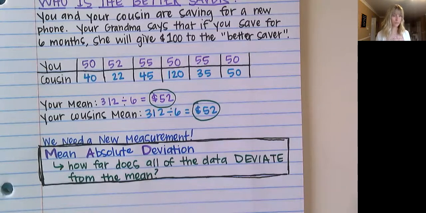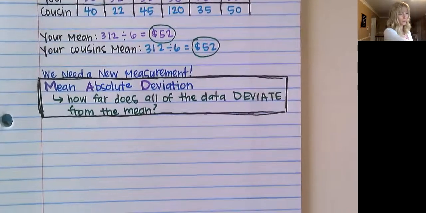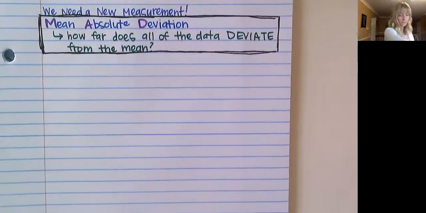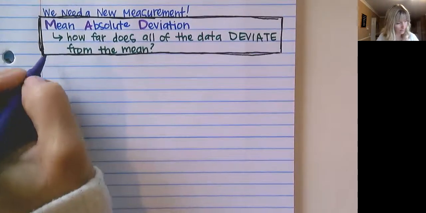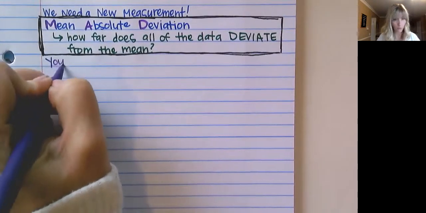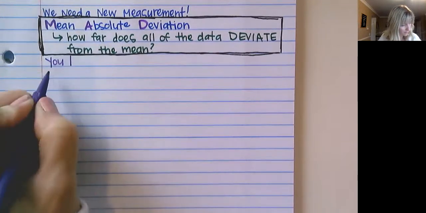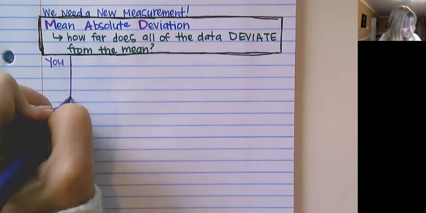So I'm gonna make a couple tables down here to help map out what's going on with the MAD, okay? So here's our new measurement. It's called MAD, mean absolute deviation. I am going to do a table right underneath this that starts like this. I'm gonna write the word U. This is U in your savings. And I'm gonna count down, there's one space, and then I need 1, 2, 3, 4, 5, 6 spaces under that for all 6 of the months.